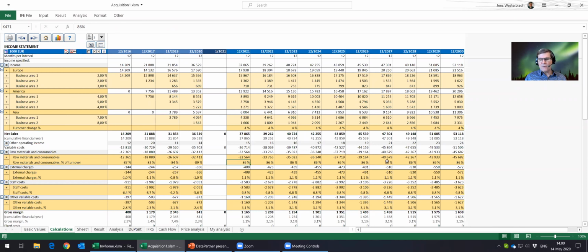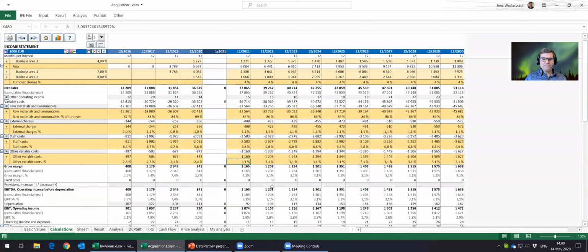And this has been the input value that has been distributed. And then the raw materials and consumables were calculated 86% out of net sales. And same way with external charges 1.1% and staff costs 6.8% and other variable costs 3.1%. This is one way to model. Of course, there are 1,000 ways to do it.